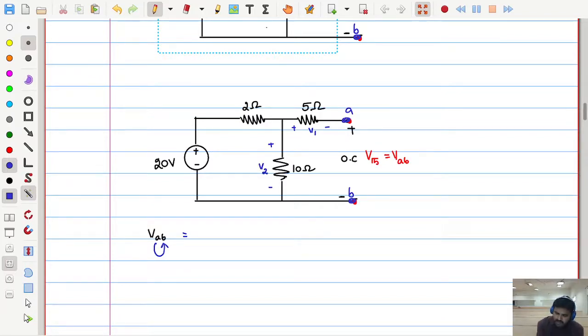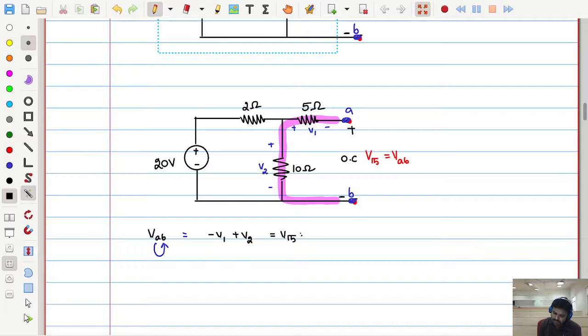Now from A to B, if I trace the path like this, starting at A and moving towards B through this path, the voltages we come across are minus V1, taking whatever polarity you come across, plus V2. This is VAB, which is equal to VTH.